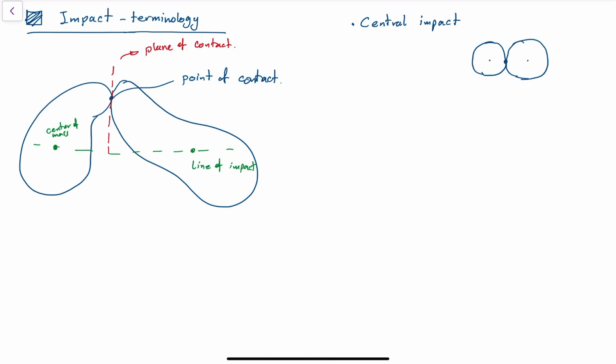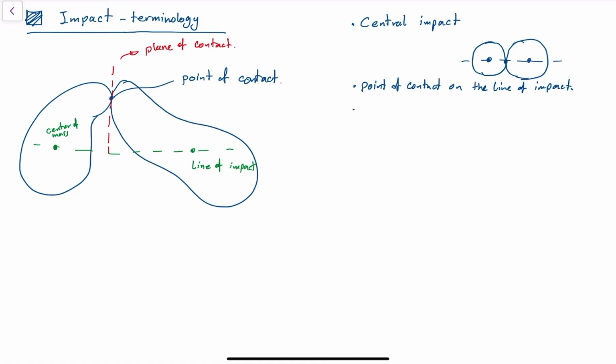First, the point of contact must be on the line of impact. So this is center, point of contact. Point of contact on the line of impact. That is the first condition.